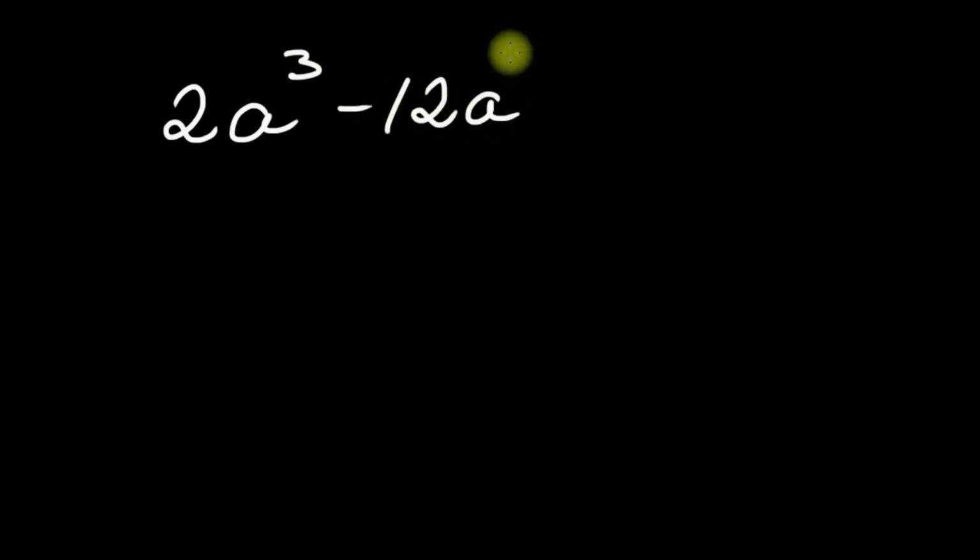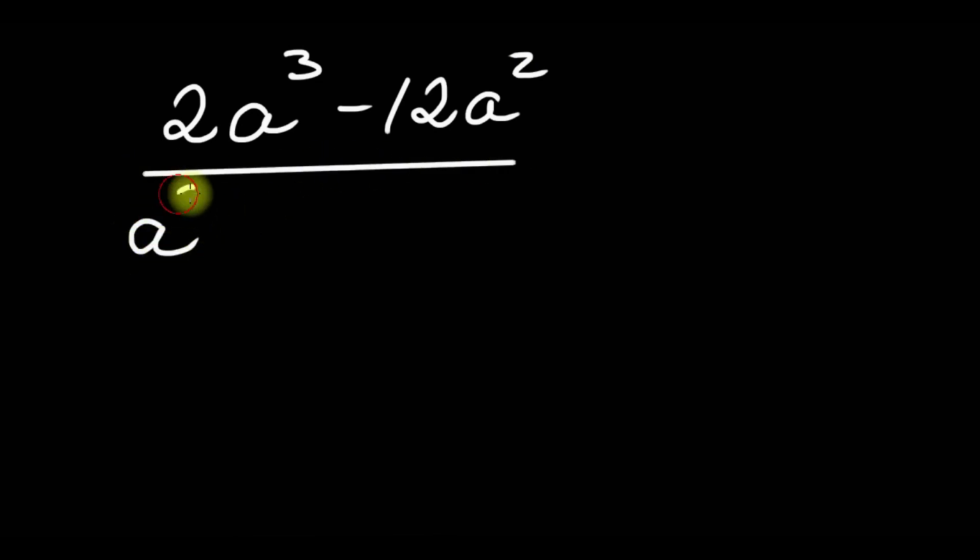Okay, so we're going to look at another example here. So here we have 2a to the third power take away 12a squared divided by a squared minus 4a take away 12, and this is division.